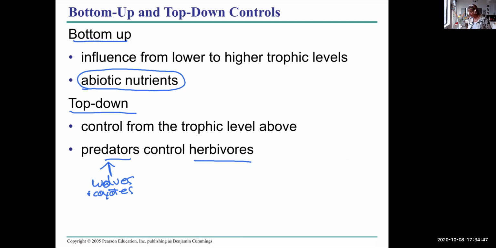But because we've hunted many wolves and coyotes, the animals that they were keeping under control, the herbivores, have really completely changed ecosystems. I'm going to show you a really good example of a reintroduction of wolves into an ecosystem.